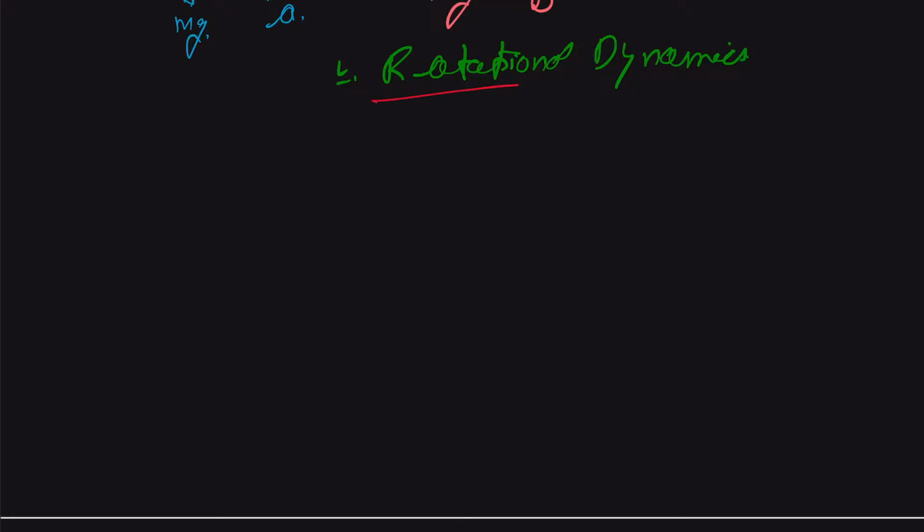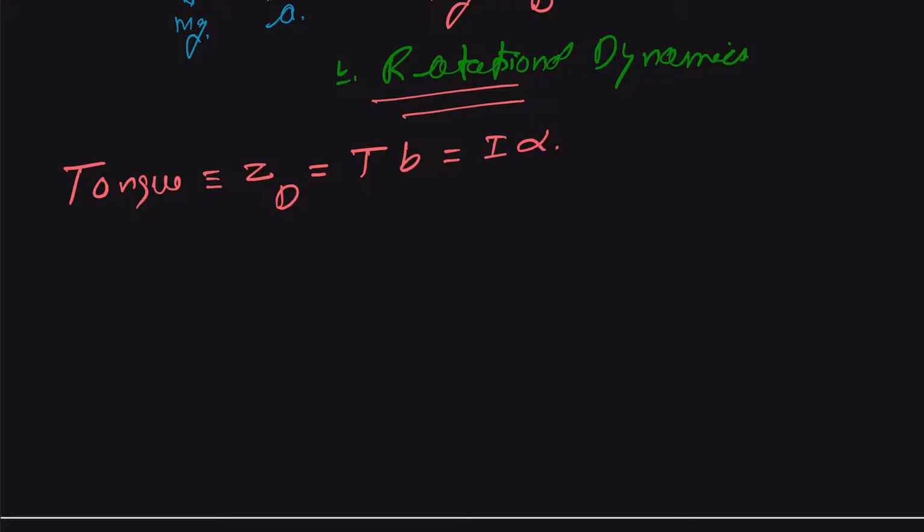Let us suppose that torque is tau d for descending, and that will be equal to T d times b, which is equal to the moment of inertia times its angular acceleration.